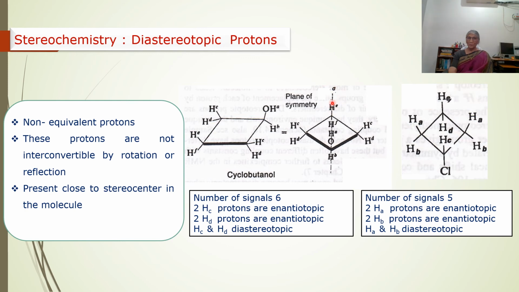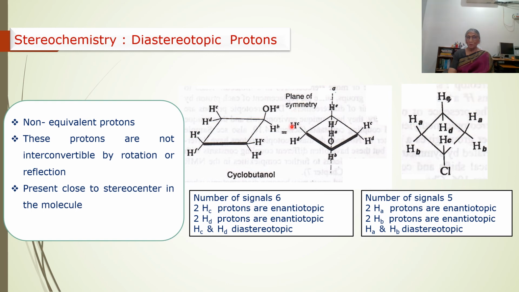So, due to this plane of symmetry, protons present at carbon number 2 and carbon number 4 are enantiotopic protons. So, 2 protons C are enantiotopic protons, 2 protons D are enantiotopic protons, but C and D protons are diastereotopic protons. Similarly, 2 protons which are present at carbon number 3, E and F, are also diastereotopic protons.